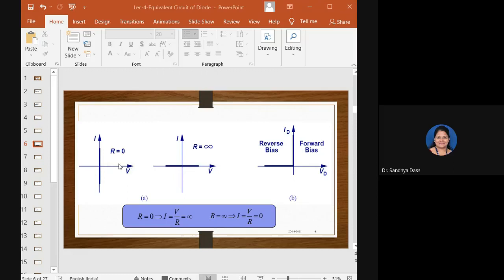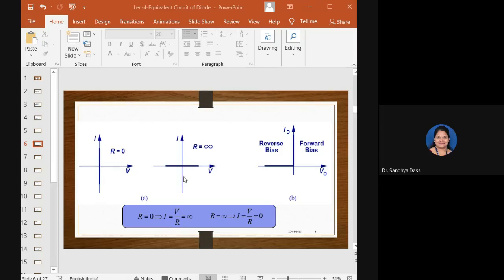Resistance will be 0, right, in ideal condition. I hope you are with me. If the voltage applied across anode and cathode is greater than 0, then the resistance of an ideal diode is 0, because current is maximum, current is infinite. I hope you're following my mouse there, right?